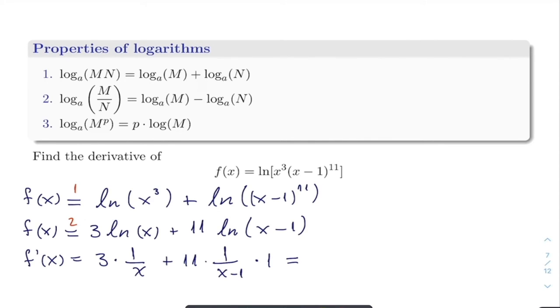So this is simply equal to 3 over x plus 11 over x minus 1. So computing derivatives using the logarithm is very friendly. You can separate all the products and divisions and powers and convert this into just sums and differences of logarithms.